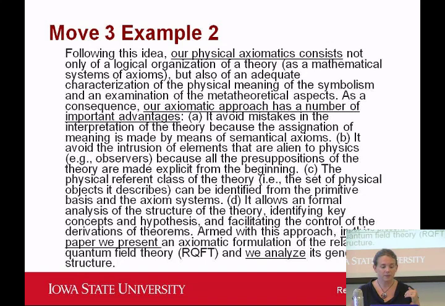And then the next underlying piece, "our approach has a number of important advantages." Okay, so there's some success, some really good reasons why their approach is useful. And then at the very end, in the last few lines, we see "armed with this approach, in this paper we present their formulation and we analyze its structure." So again, we have a foreshadowing, highlighting of everything else that's going to be included in their paper.